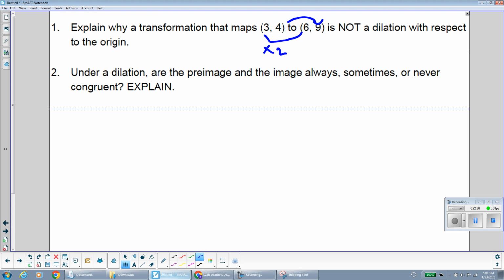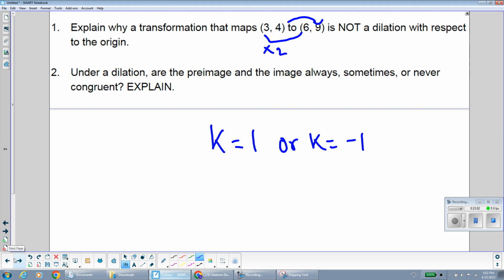They change the side lengths, so they don't make congruent figures unless the scale factor is 1 or -1. Then it will make a congruent figure because 1 will keep it exactly the same as the original. -1 will just change the way that it's facing, but it will keep it the same size and shape.